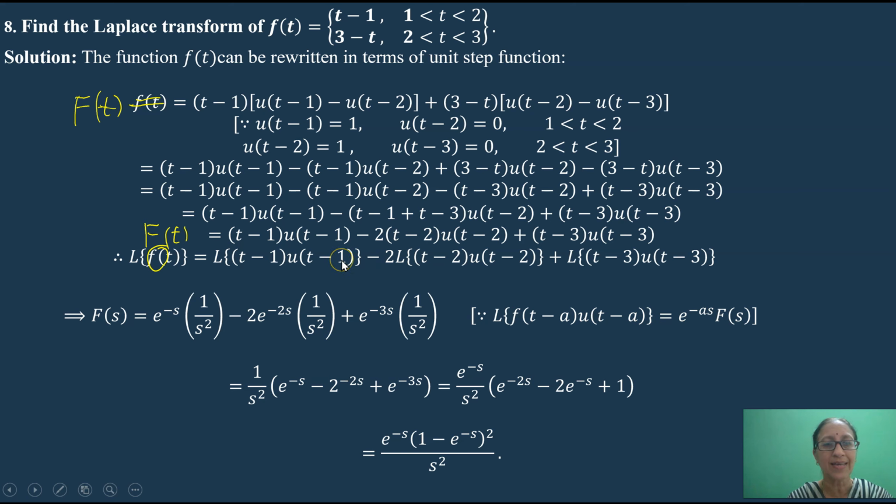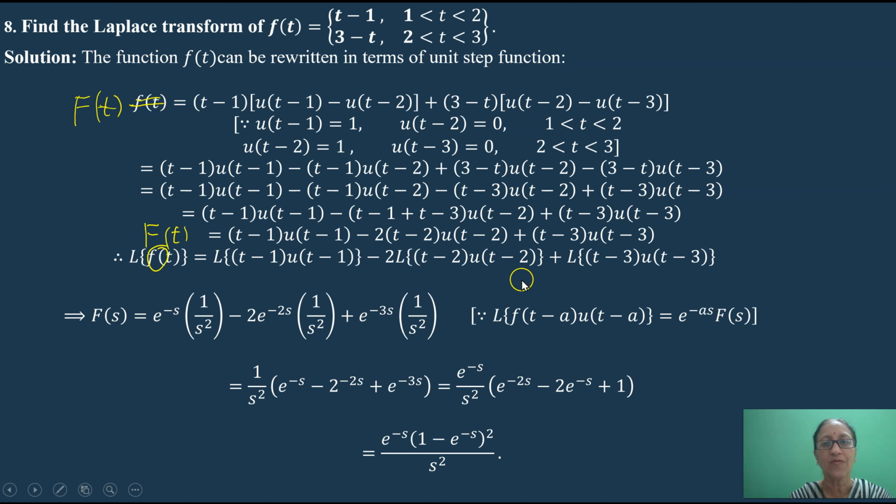So, let us identify a in each and every term. In the first term a equals 1, that's why we get e power minus s into 1 upon s square. Here minus 2 into, where a equals 2, so you get e power minus 2s into 1 by s square. Then in the third term, you get e power minus 3s into 1 upon s square. How do you get this 1 upon s square?